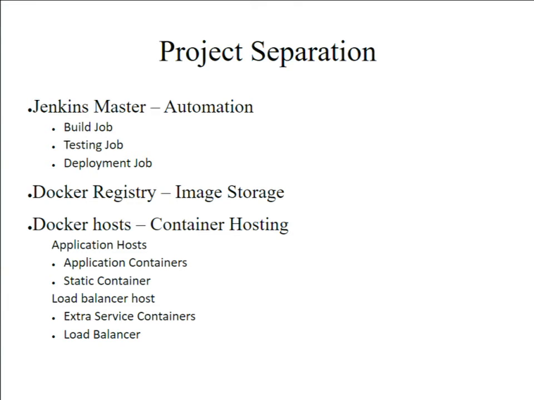And then there's a static container on each that just serves static CSS and HTML files. And then on the fourth host, we have a load balancer and any extra service. We have one right now that doesn't need to be load balanced, so we have it on that machine.